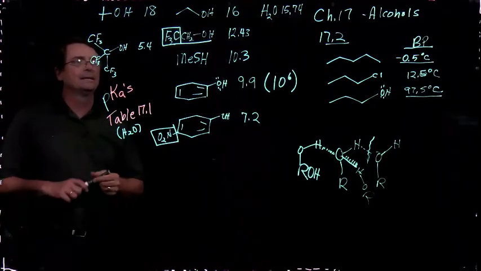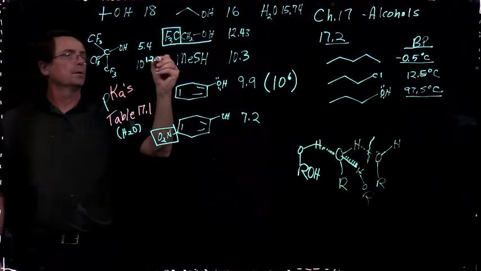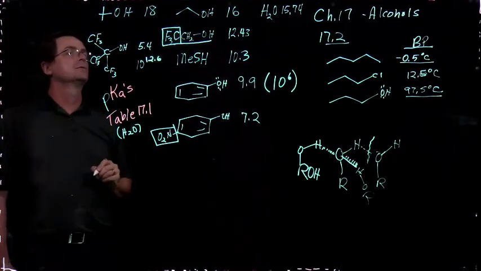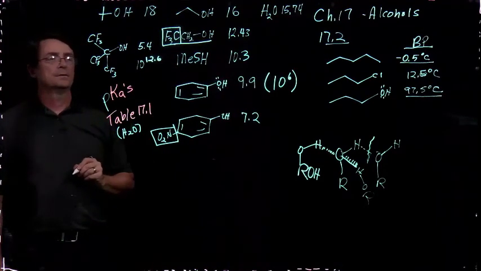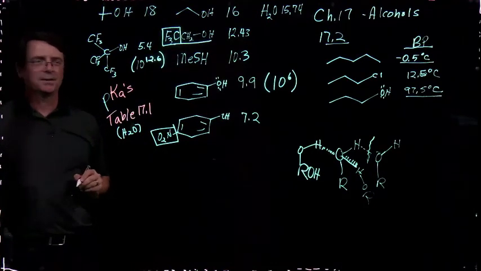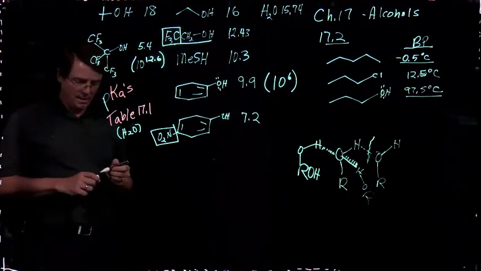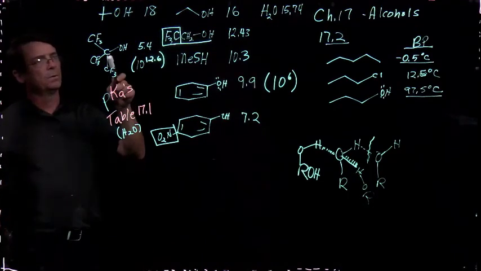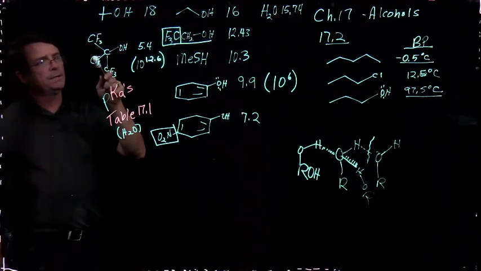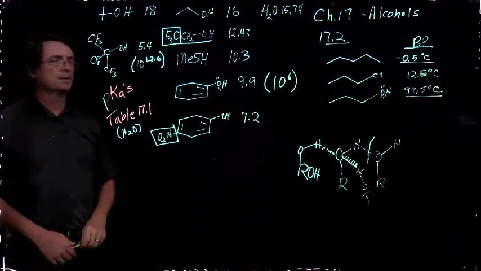That's 10 to the 0.6 difference in acidity. Pull out your calculator and plug that one in. This is a humongous difference in acidity. So the 3 trifluoromethyl groups, and again we can explain that on the basis of polarity.